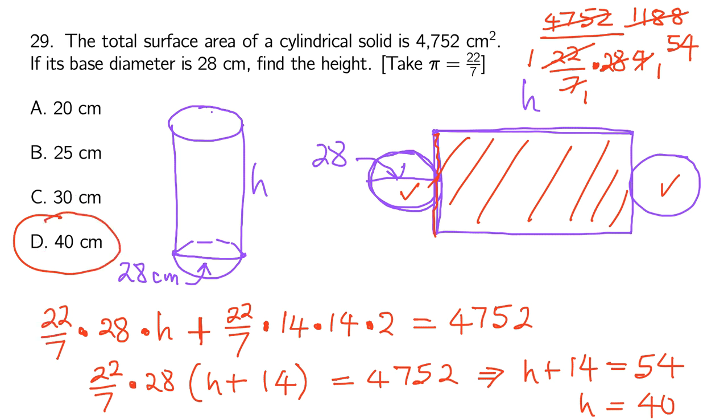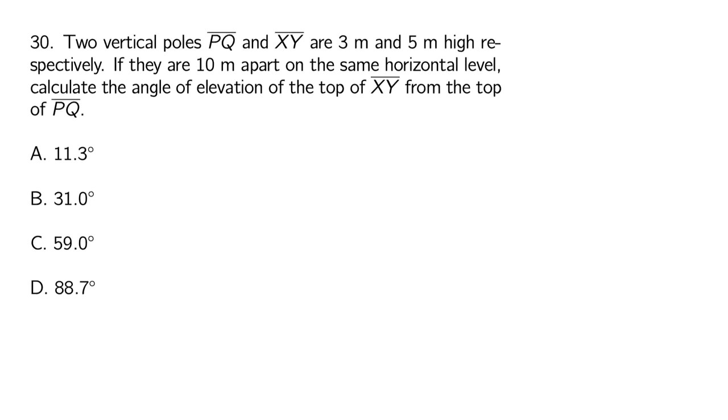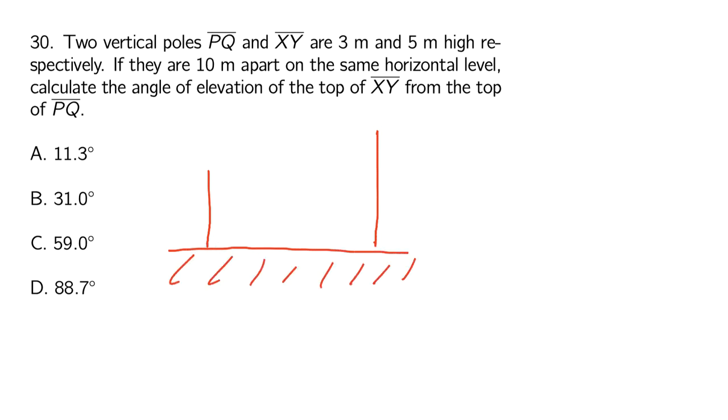The next problem is question 30. It says two vertical poles PQ and XY are 3 meters and 5 meters high respectively. If they are 10 meters apart on the same horizontal level, calculate the angle of elevation of the top of XY from the top of PQ. So we have one pole, a shorter one, we have another pole, a longer one, and then we have the ground. You can think of this as the ground, the distance between these two poles.